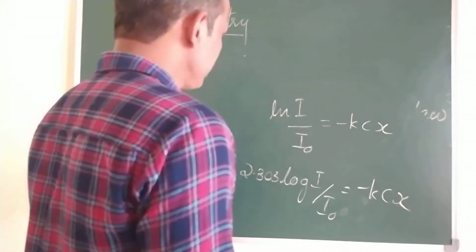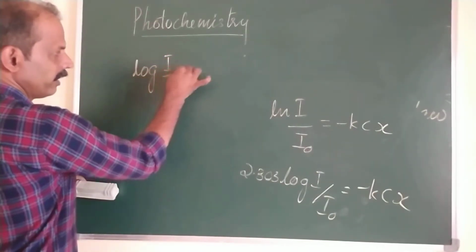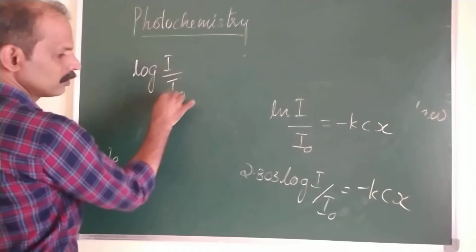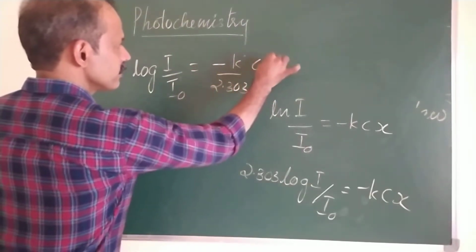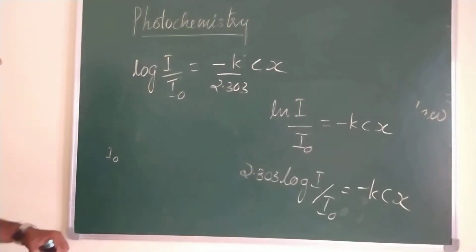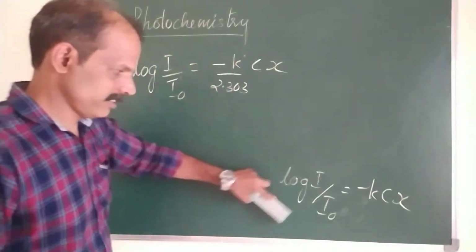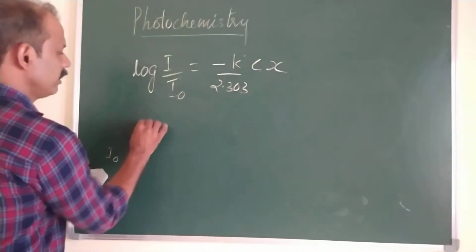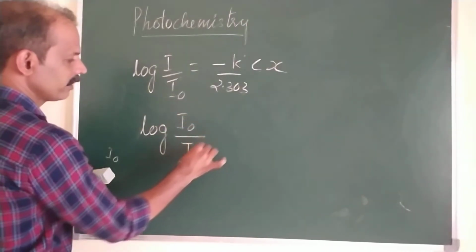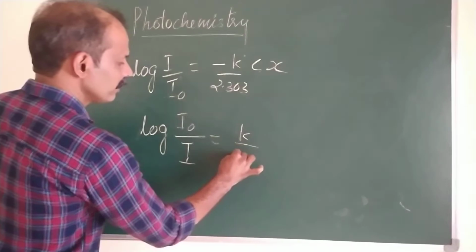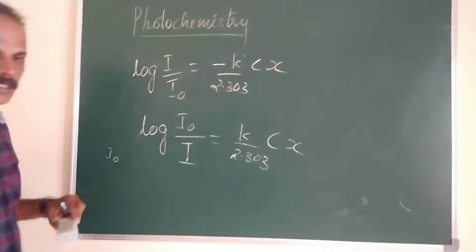On rearranging, we get log I by I0 is equal to minus k by 2.303 cx. Again, just rearrangement, we get log I0 by I, which is equal to k by 2.303 into cx.